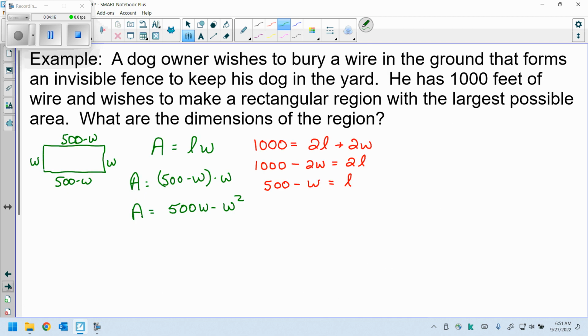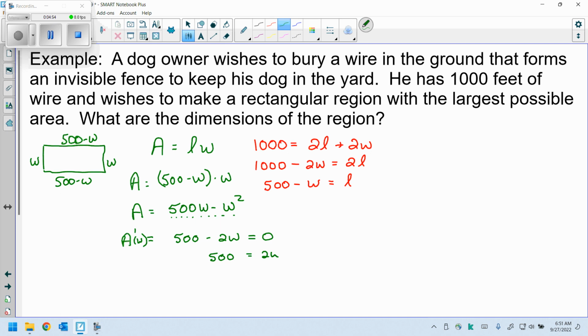And so the derivative, A prime, is equal to, and we're using the variable W here, W is our variable. If W is our variable, the derivative is going to be 500 minus 2W. And I want the derivative to equal 0. So 500 is going to equal 2W.